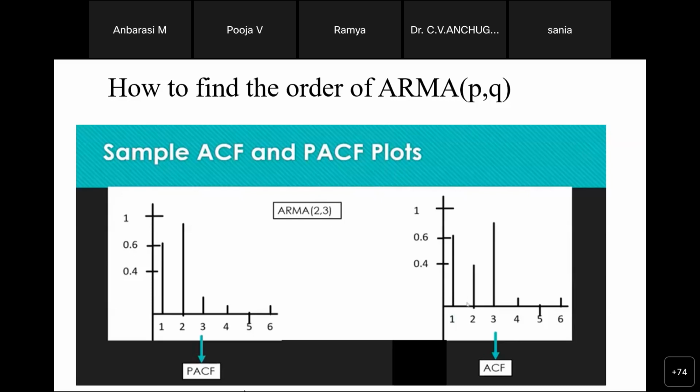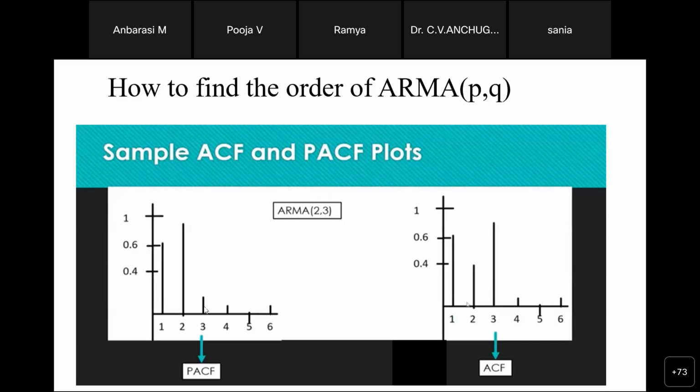But in the case of the partial autocorrelation function, in the AR model, if you take it, only these two lags crossed above 0.1. So that is why AR will be considered as 2.